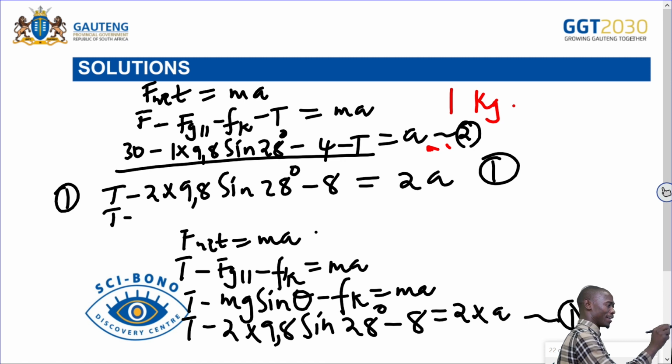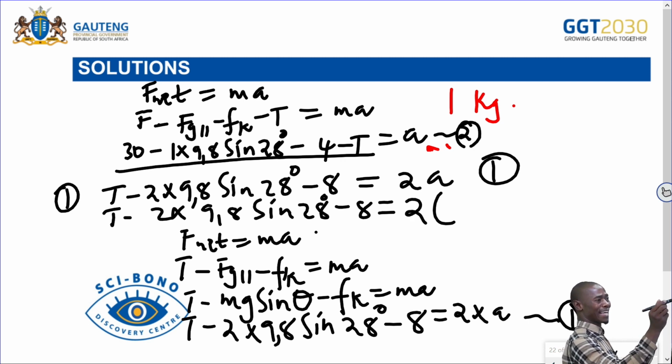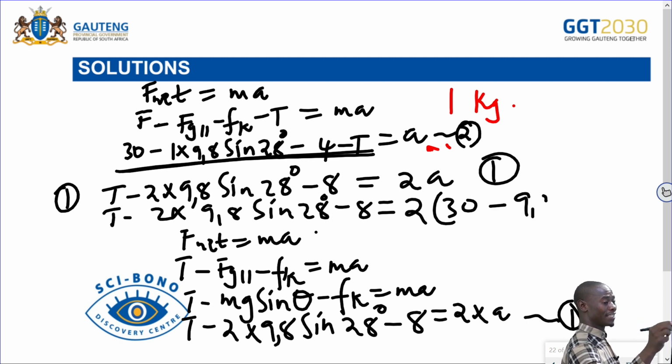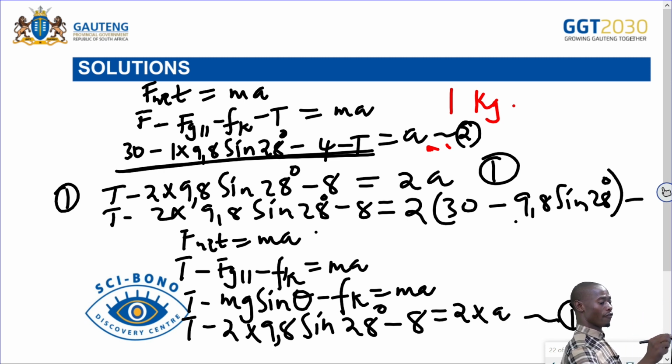So it's T minus 2 times 9.8 sine 28 degrees minus 8 equals 2 into, what is A? A is this. All right? So it will be 30 minus 1 times 9.8 sine 28 degrees minus 4 minus T.